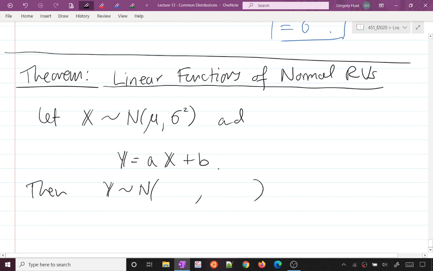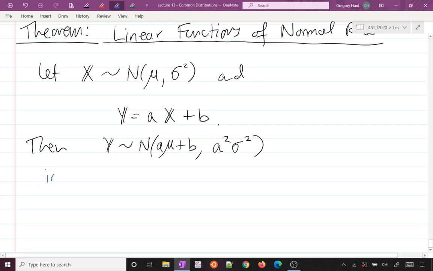We kind of know. The two parameters are the mean and the variance, and we know how means and variances transform under linear transformations. So the mean of y is going to be a mu plus b, and the variance of y is going to be a squared sigma squared. Right?